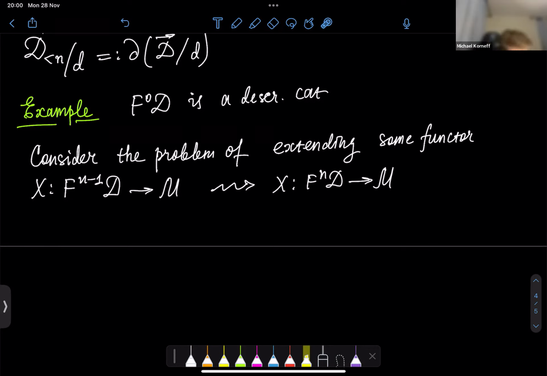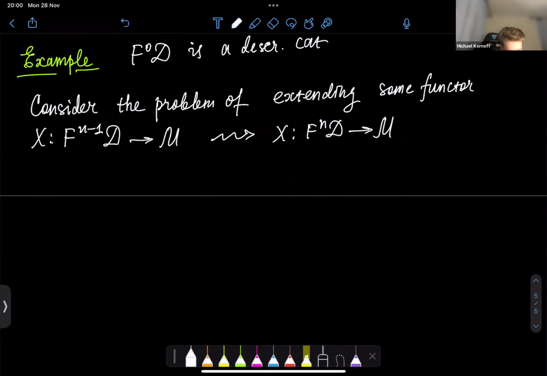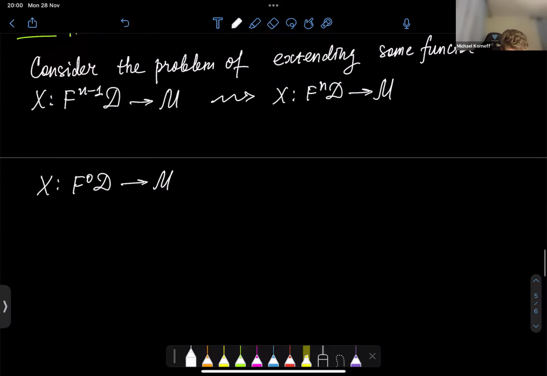And we start with a subcategory consisting of zero degree objects, and we can easily define a diagram X from the 0 degree subcategory to M, we just choose for any alpha from Z some object x alpha.